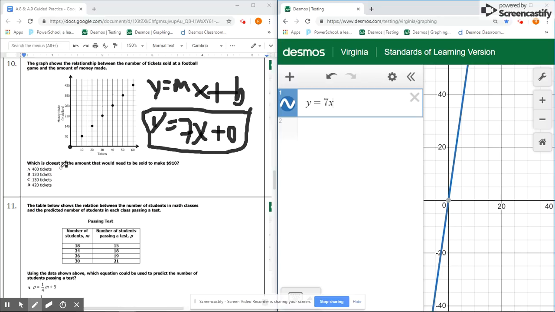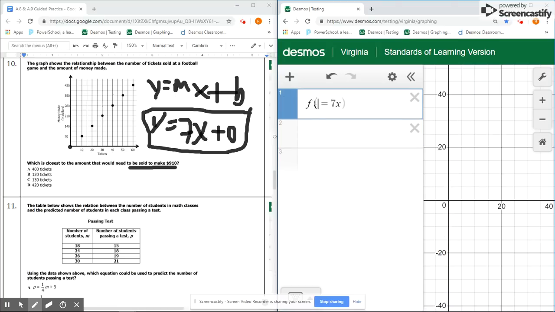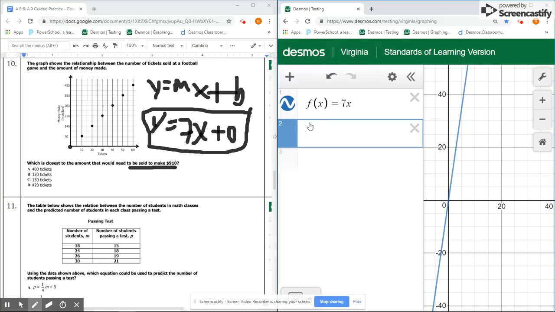We want to find out which is closest to the amount that would need to be sold to make $910. Okay, so a couple different things we can do here. We can plug it in using f of x. So I could change f of x to 7x, and we could just plug it in. F of 400: if we sold 400 tickets, we will get $2,800, which is way more than 910.